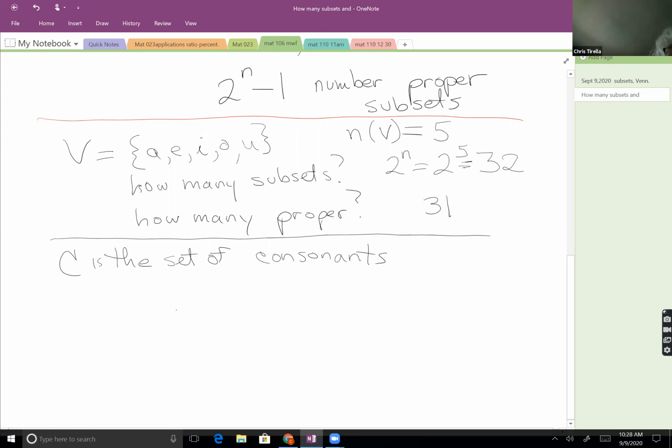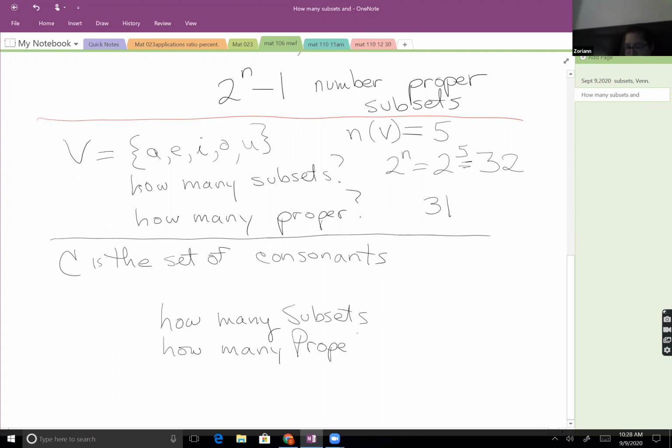And I want to know how many subsets, and how many of those are proper? Well, how many consonants are there? There's 26 letters in the alphabet, 5 of them are vowels. How many are consonants?